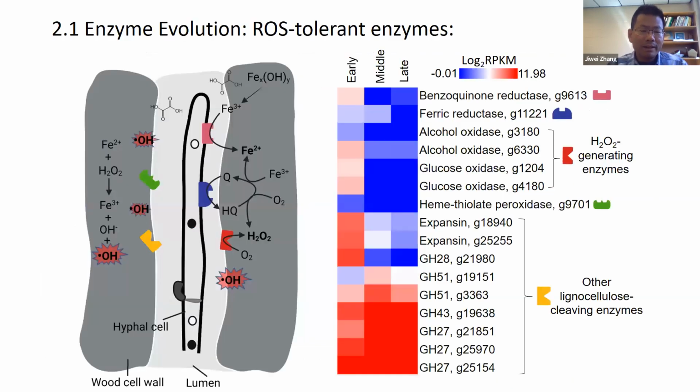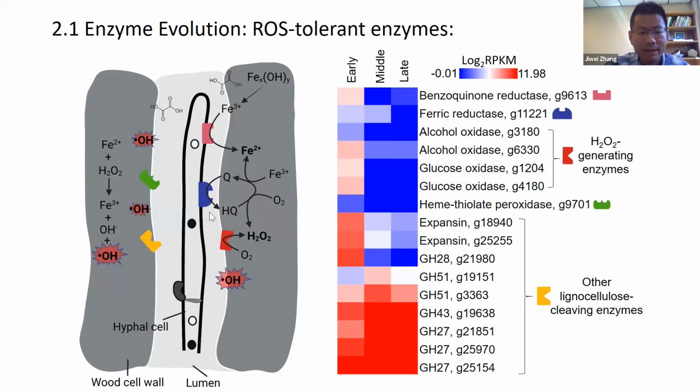So to study these possibilities, we tested the second hypothesis for avoiding the ROS damage. For this part, we used cell-free expression systems.